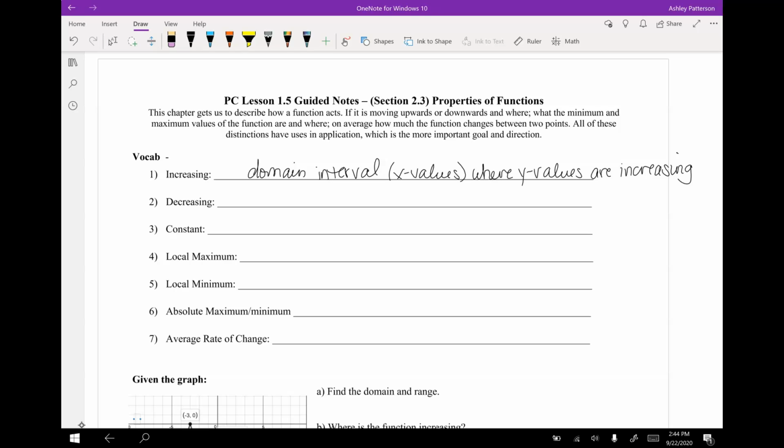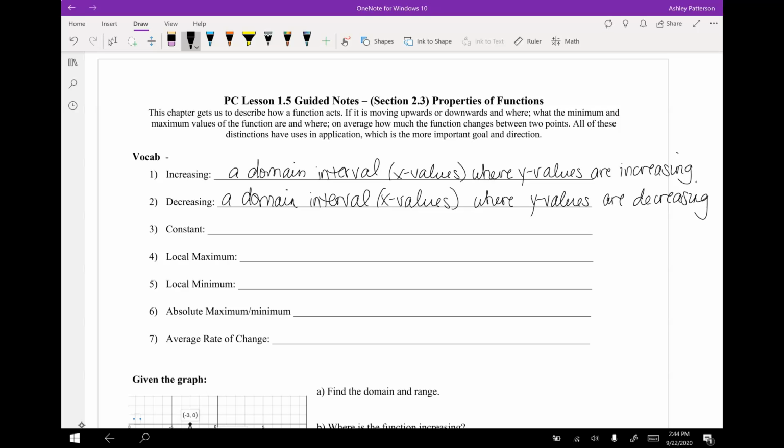Okay? Same with decreasing. It is a domain interval, that again is your x values, where the y values are decreasing. They're getting smaller. Constant.